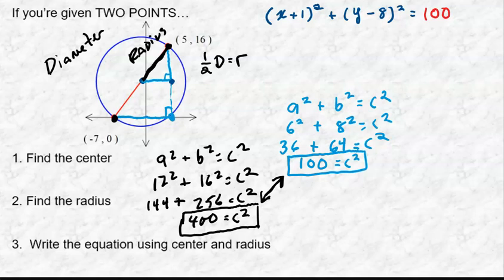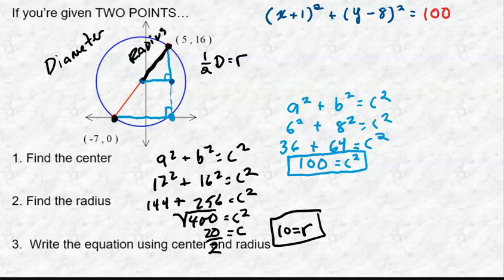In order to solve this problem, what you would need to do is square root 400 to get 20. Then to get the radius, you would have to divide that by 2 to get 10.